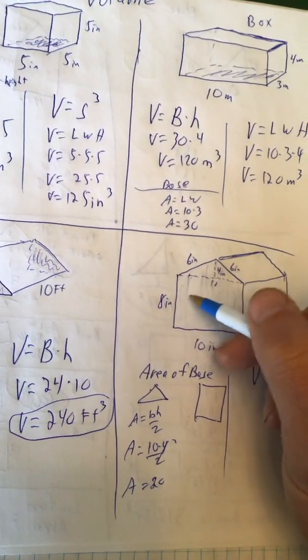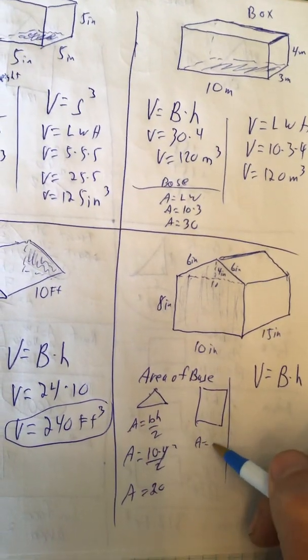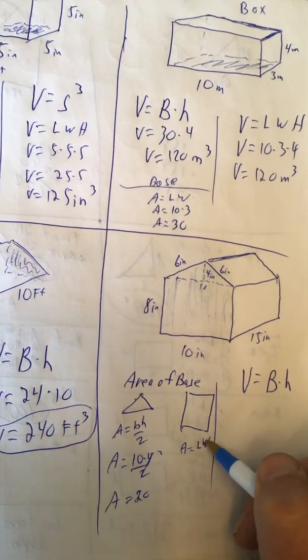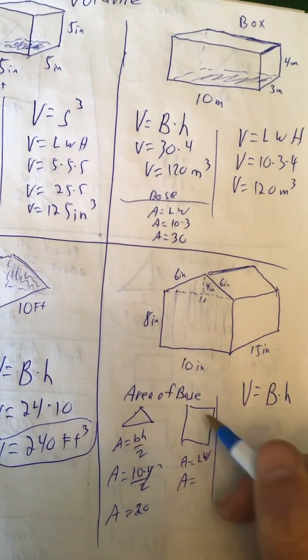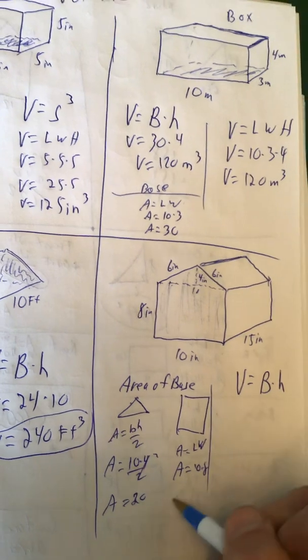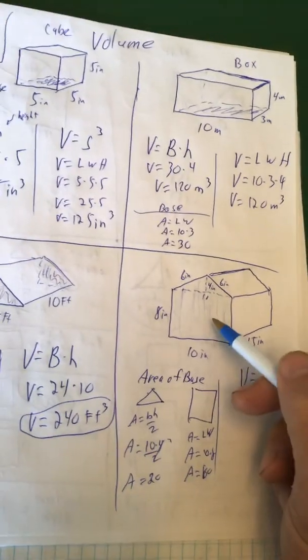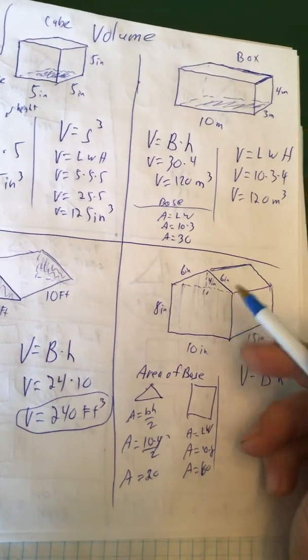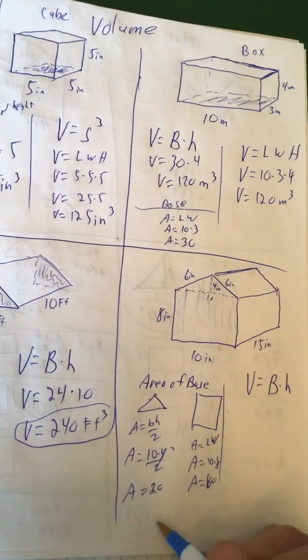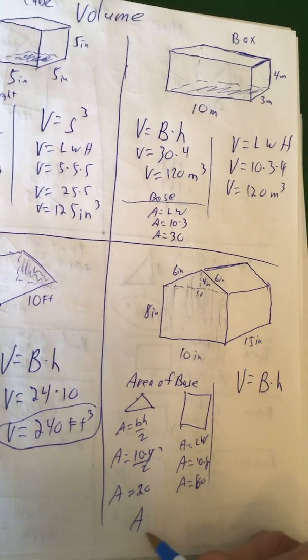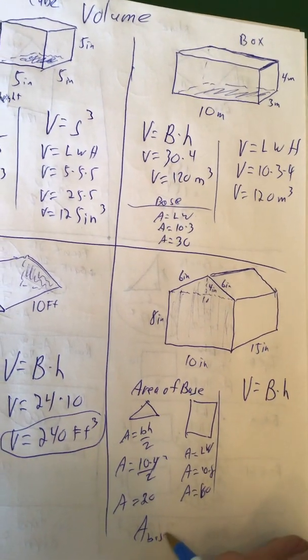Now the rectangle part is length times width. And that's going to be 10 times 8. So the area of the rectangle is 80. So the area of the whole thing, of the front, is going to be the area of the base. Here, I'll write area of base.